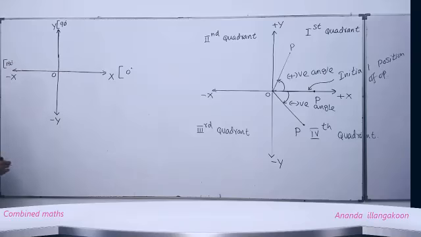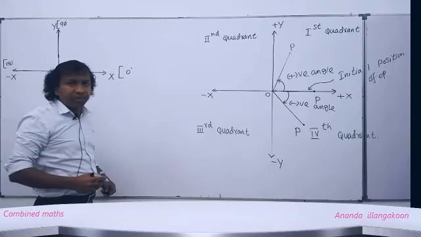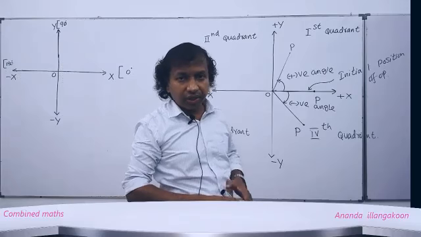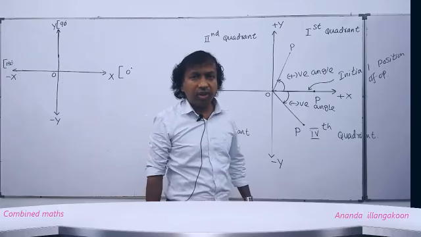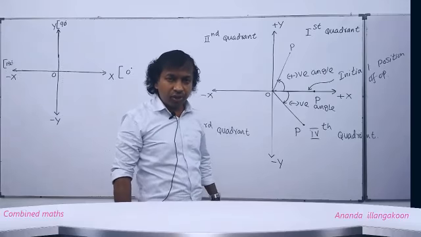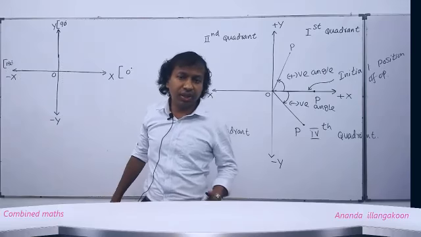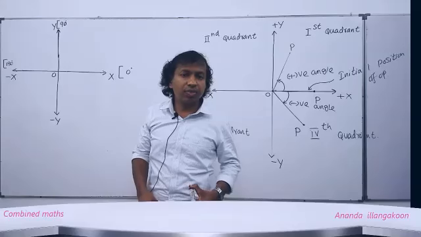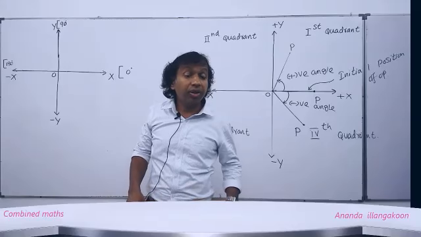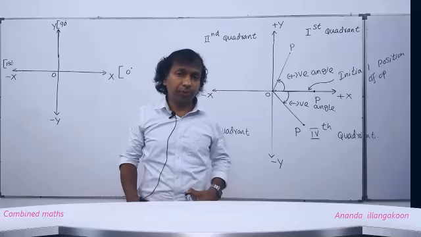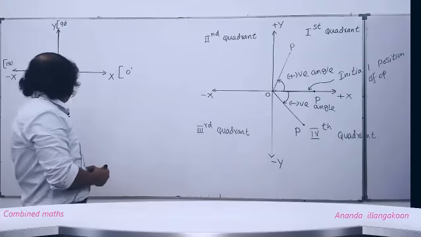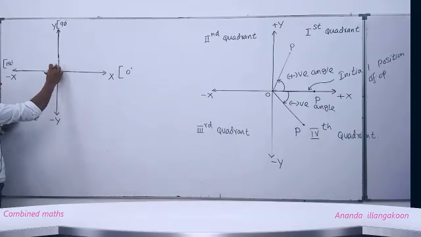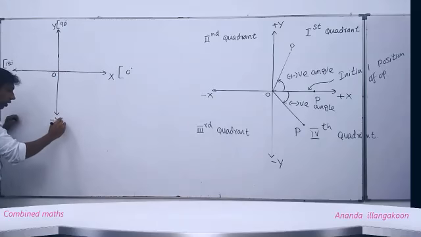So remember, always when we measure the angle, that angle is measured starting from the positive x-axis up to the present location of OP. Understood? So when this OP is on the negative y-axis, people, what is the angle? 90, 90, 90, 270, right?